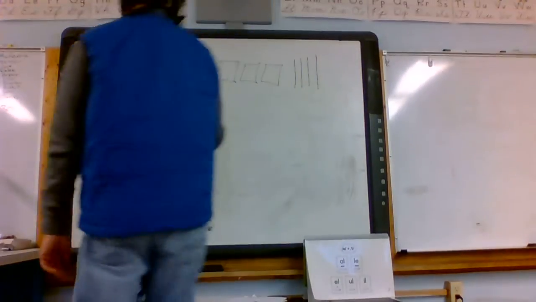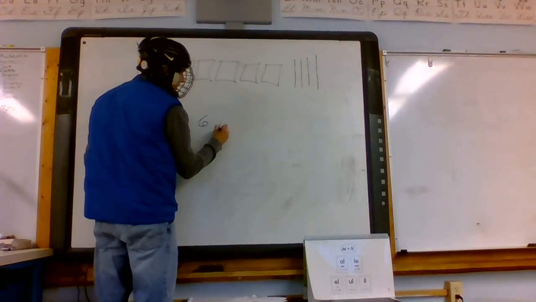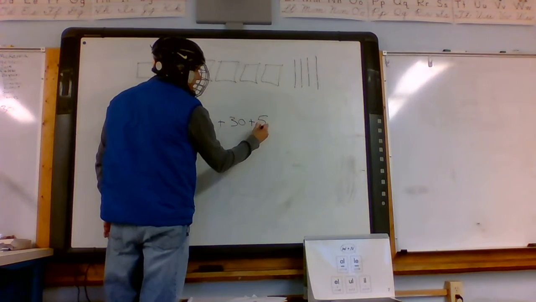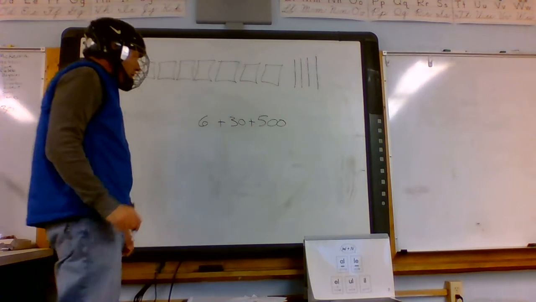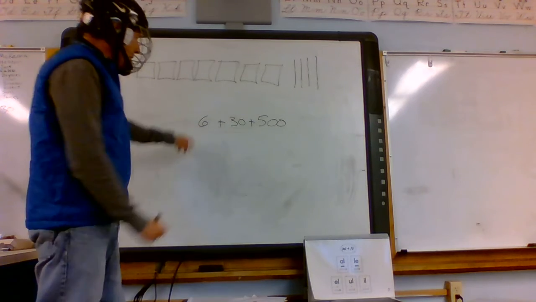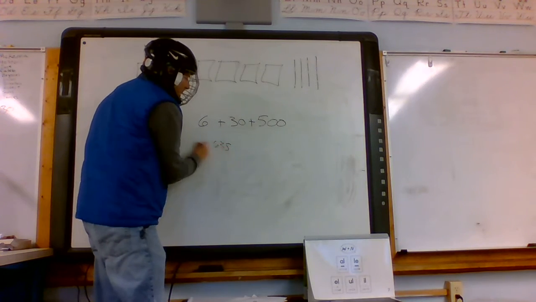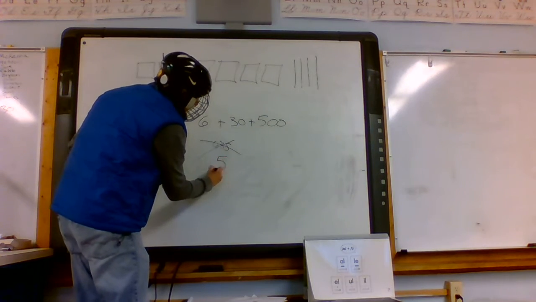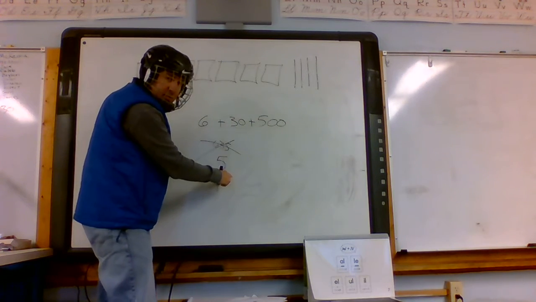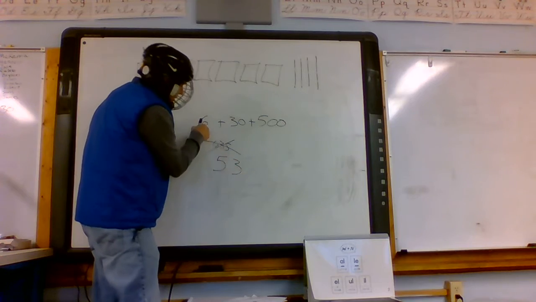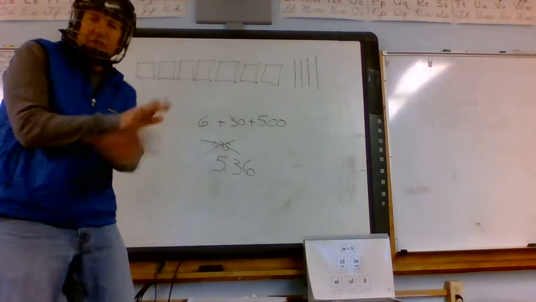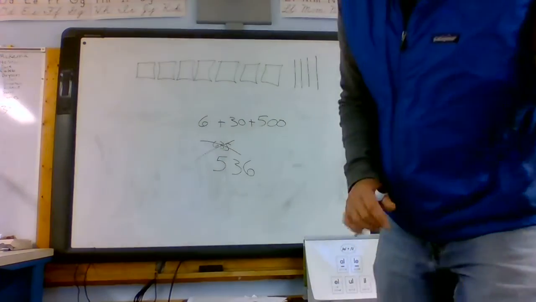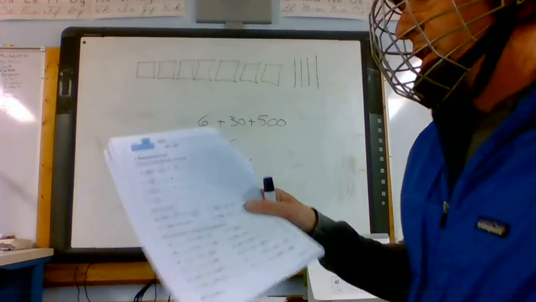It's just like saying 6 plus 30 plus 500. It's not 635. No. How many hundreds? We have 500. How many tens? 3 tens, so 536. Okay? They're just switched around in different order, and you need to put them in the right order. I think you can do that. We're all smart second graders. We can figure this out.